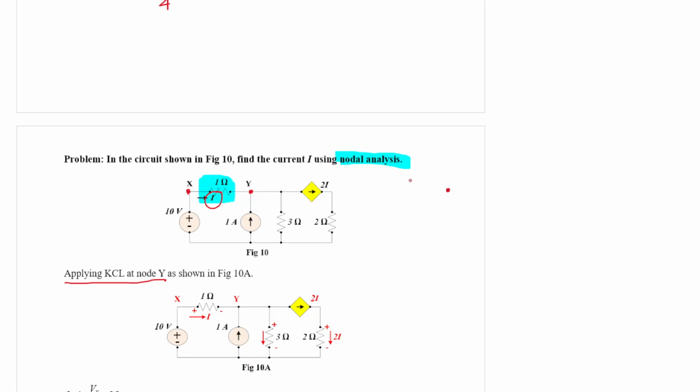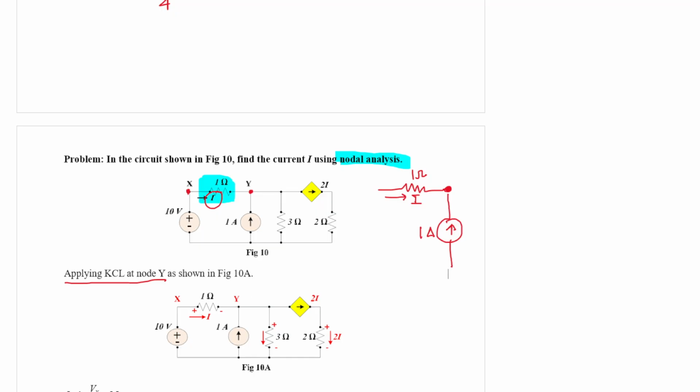Let us point out one by one how many currents are associated with node Y. At first glance, we have a 1 ohm resistance, so one current I is flowing into the node. That means the current I is entering. Again, we have a 1 ampere current source that is also flowing into the node, so it is also entering.